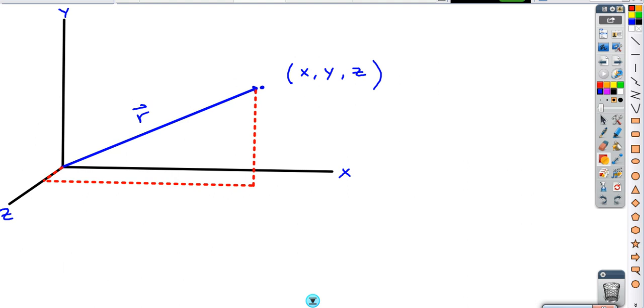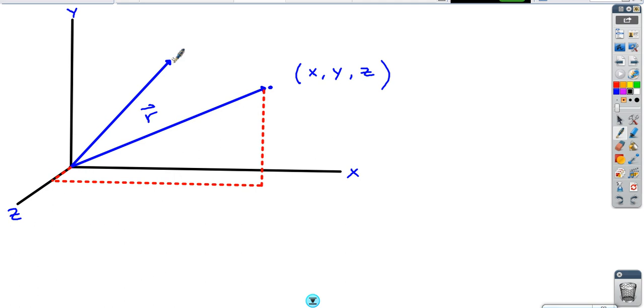Now let's say that the object, which was originally here, is now going to move. So we might want to show that the object moves from one location to another, so the position vector will change in length or magnitude and direction. And so let's say that that's the new coordinate for the location of our object.